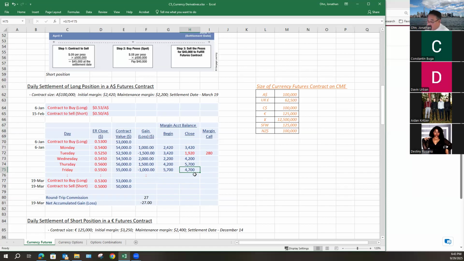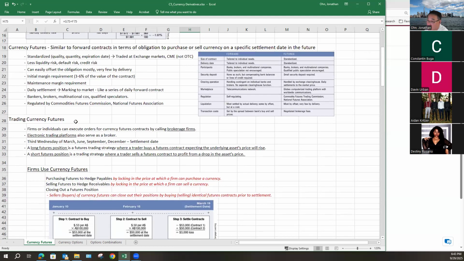The reason I showed all this detail, you don't find it in our textbook, but this is the actual transaction, the daily transactions, right? So the exchange market, I mean, the brokers, doing all this daily transaction or daily settlement, this process is called marking to market. Look at this one here. This is marking to market, daily settlement.